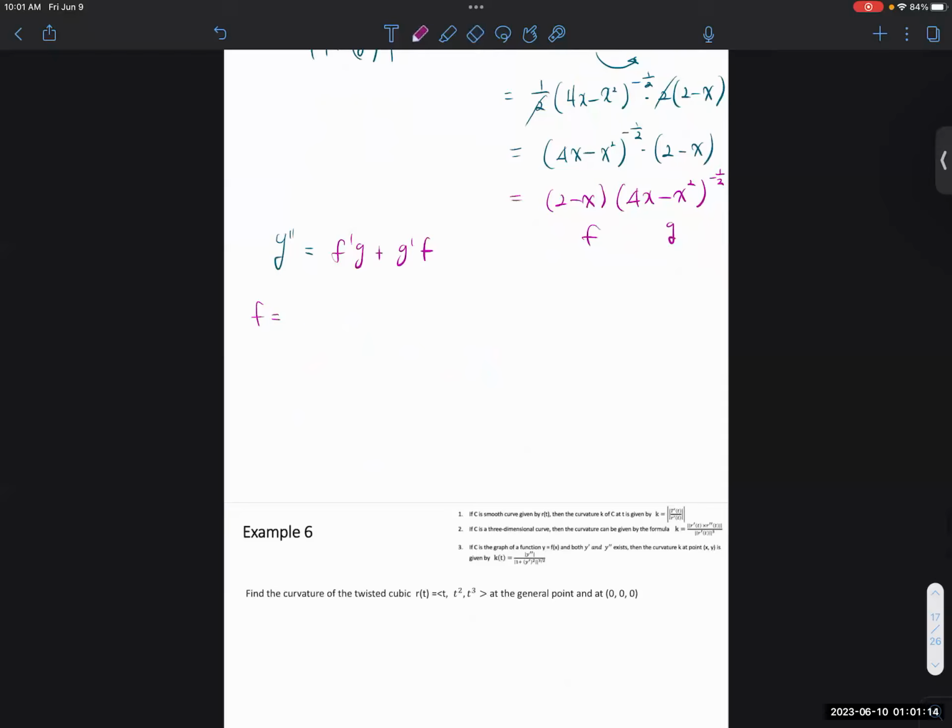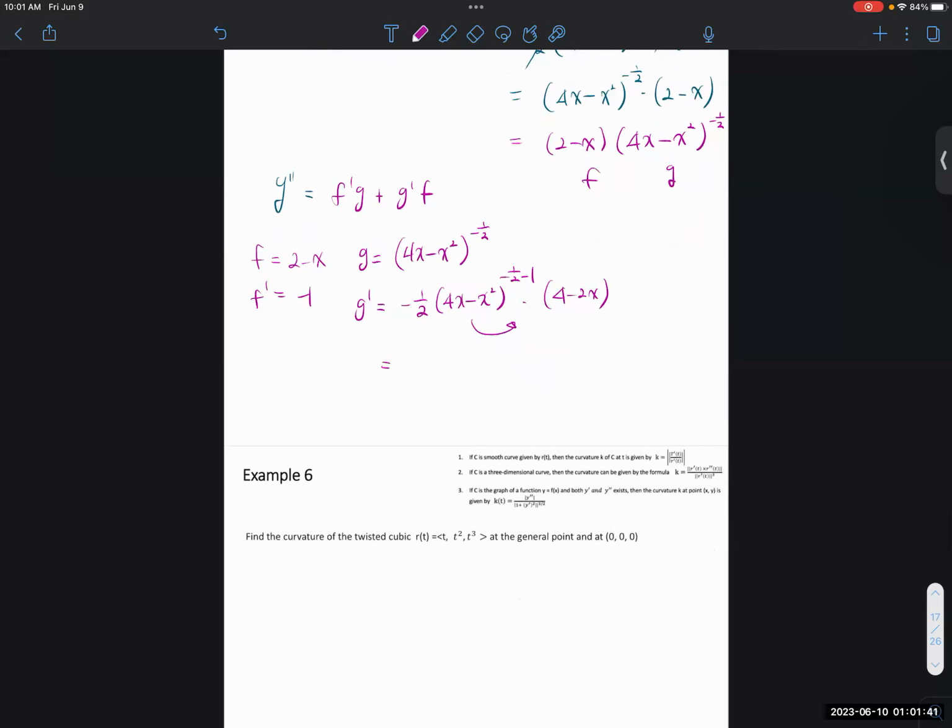So f is 2 minus x. f prime will be negative 1. g is (4x minus x squared) to the negative 1/2. What do we get for g prime? Negative 1/2 times (4x minus x squared) to the negative 1/2 minus 1, and the chain rule gives 4 minus 2x.